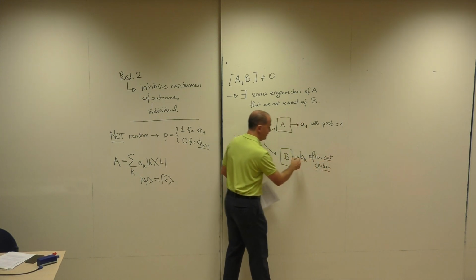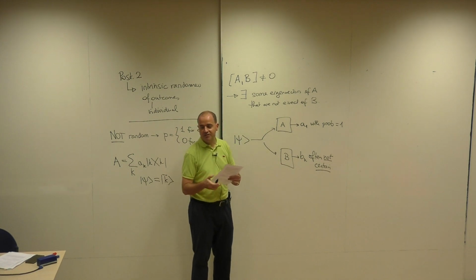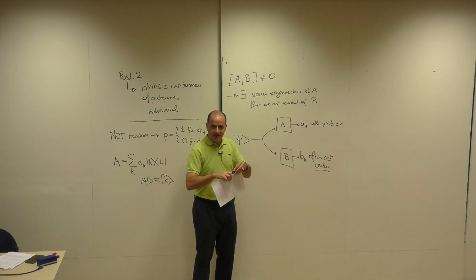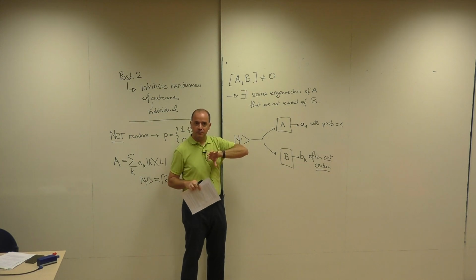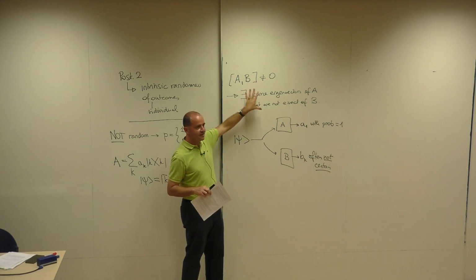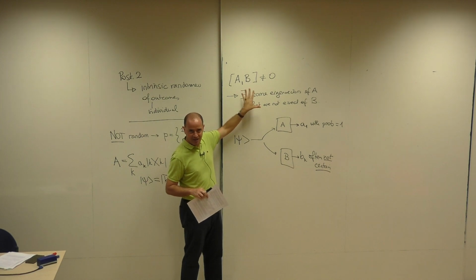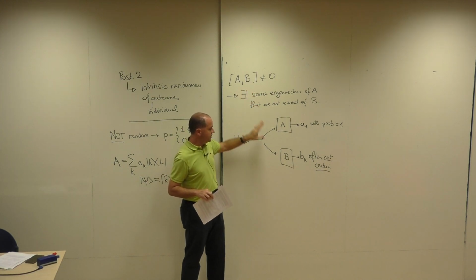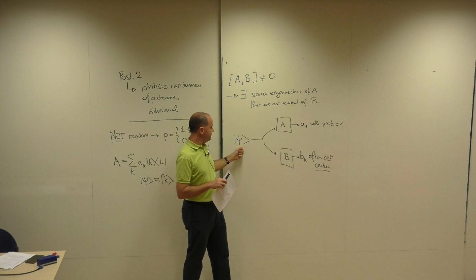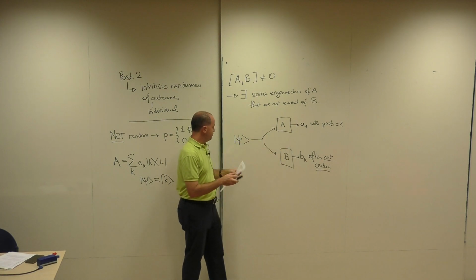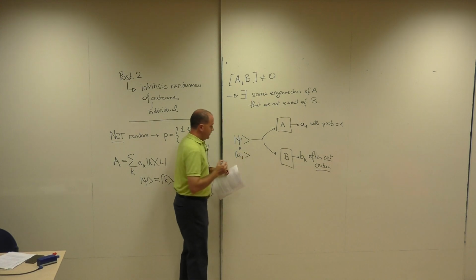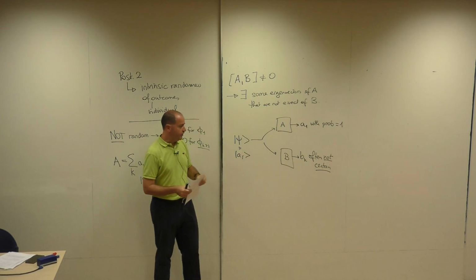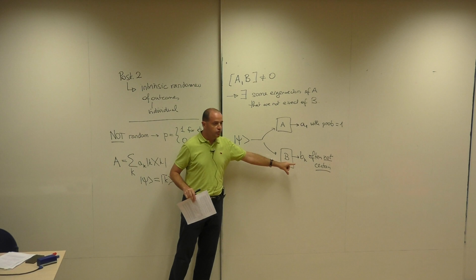By often I mean something that, again, because of degeneracy, you can have some strange things. You can have situations where these two do not commute, but some of the eigenvectors are common. This theorem guarantees that not all the eigenvectors are common. Some may be common. Let's say that the state here is an eigenvector of A, so psi is equal to A1, but is not an eigenvector of B. Then B would not be certain.